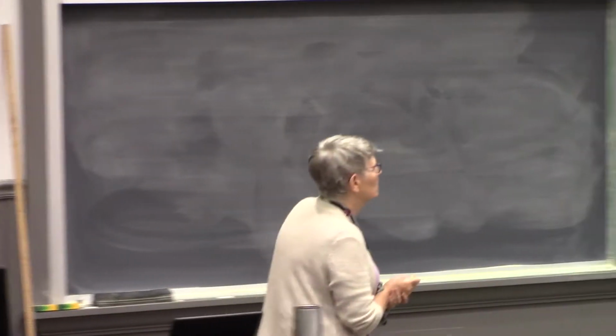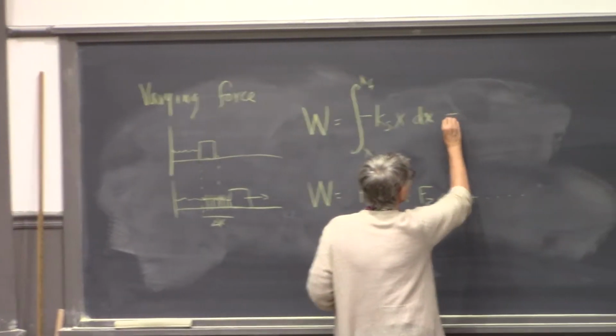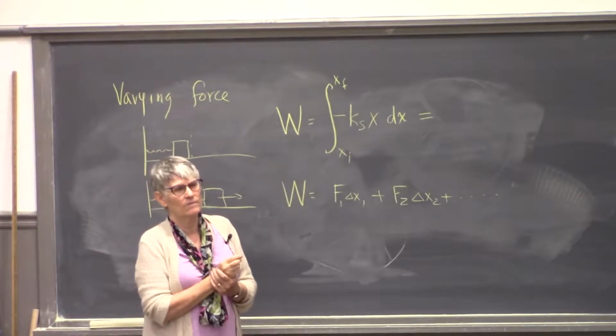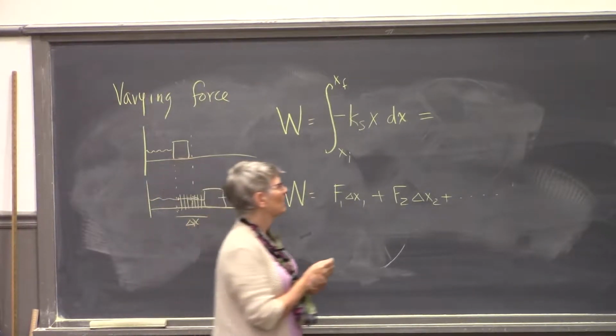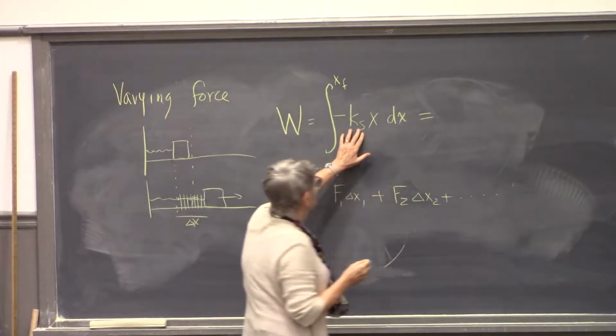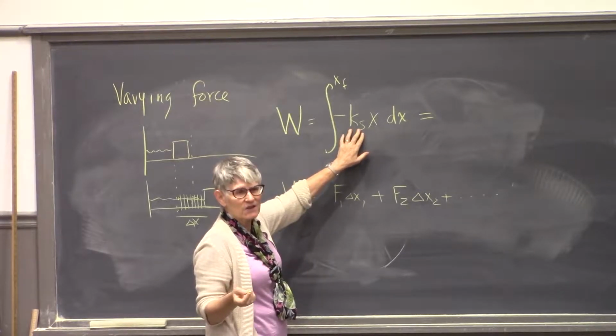And so what would this integral come out to? Okay, so basically k sub s is a constant, right? So it comes out, we have an x dx.